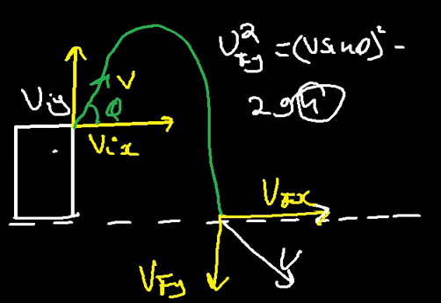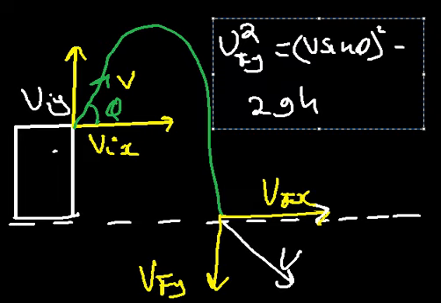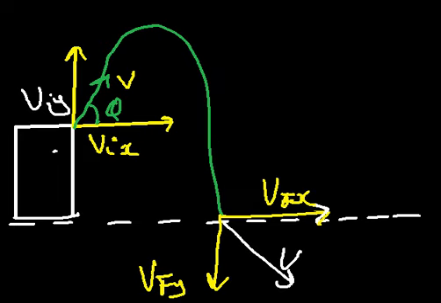Here h is the height of the building, or we call it the displacement, it is the same. So keep that in mind. But you observe that the displacement, which is the height of the building, will be given as negative, because the object moves from this point down to this point, where the displacement is negative. So keep that in mind.